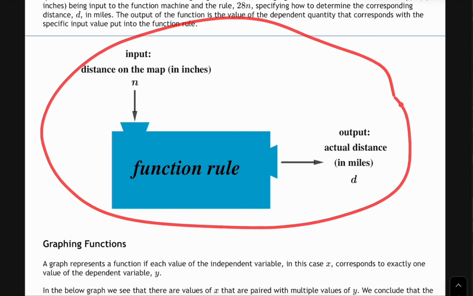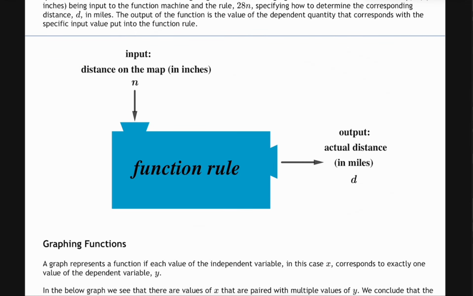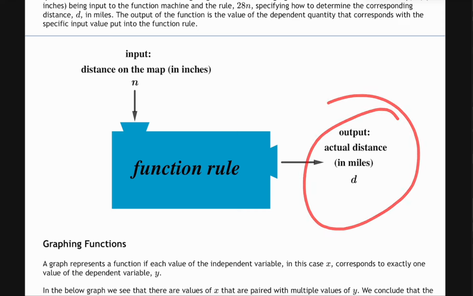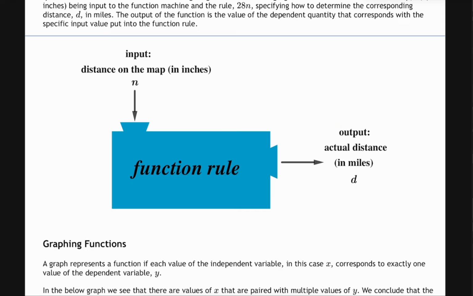This is a really nice picture. I will explore that more, but basically a function just tells us if we input something into that function rule, and mine is 28n, then we get an output. So in this case, the input, the independent variable, is our n. The output, our dependent variable, is d.